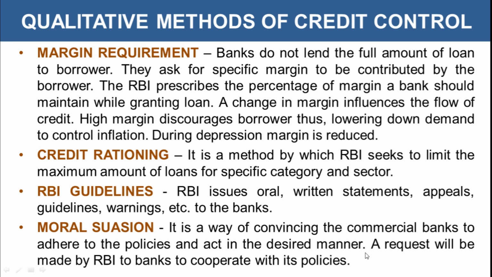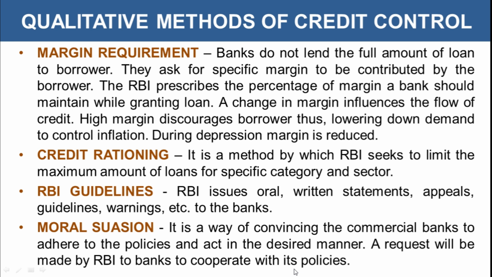So moral suasion is such a way in which RBI presents the policies and asks the commercial banks to act in the desired manner. This is in the form of a request made by RBI to banks to cooperate with its policies for the betterment of the economy.